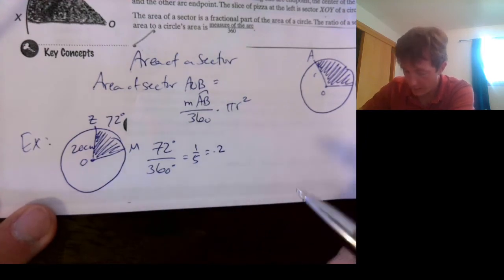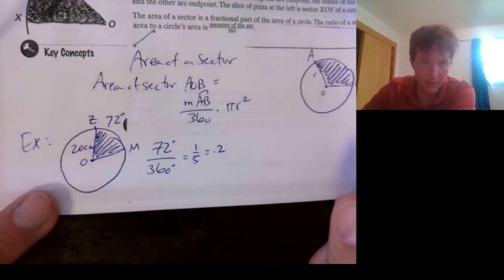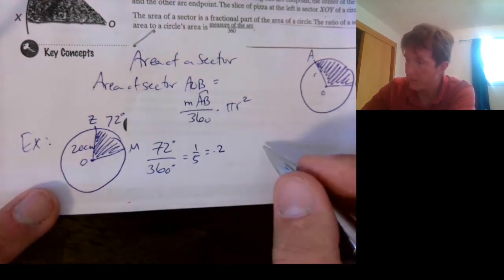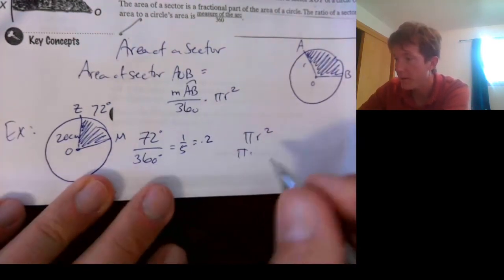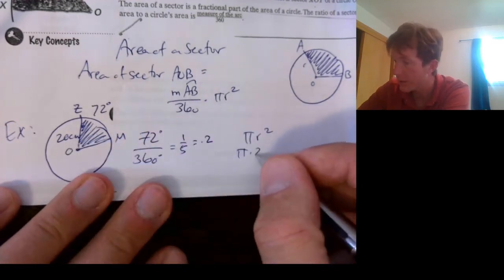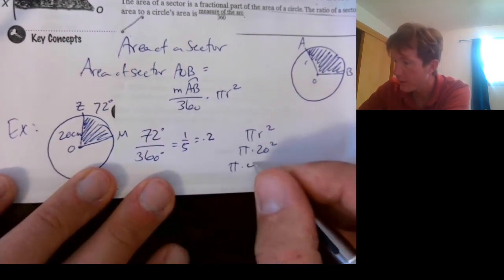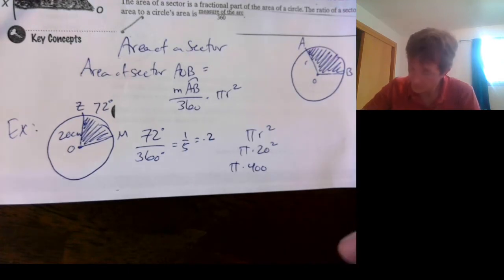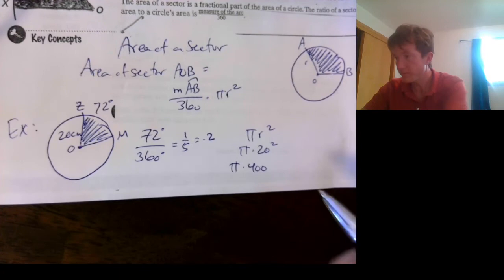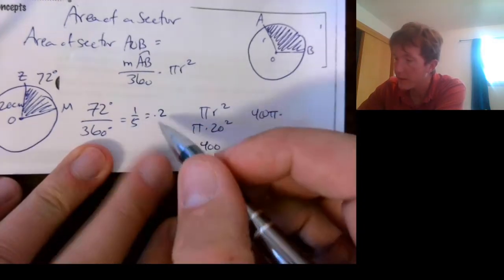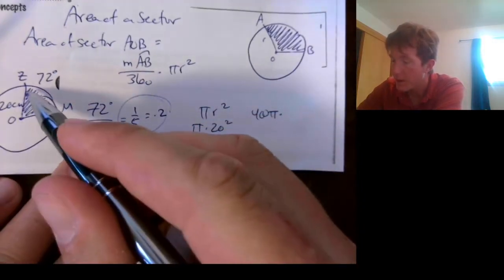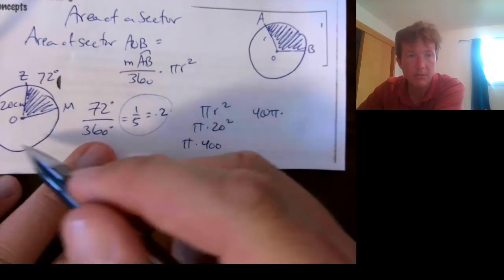Now I'm going to find out the area of the circle. The area of the circle is going to be pi r squared. So you do pi times the radius squared, so that's 20 squared. So that's going to be pi times 400. So we do 400 pi, and we're going to multiply that by how much that sector takes up of the circle.